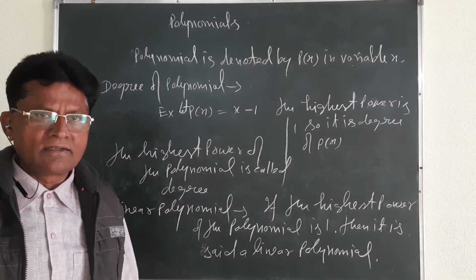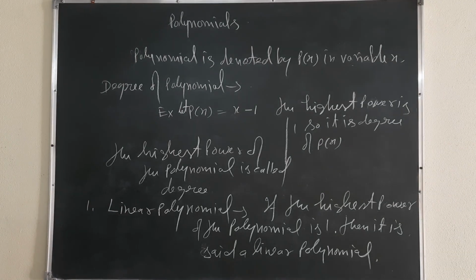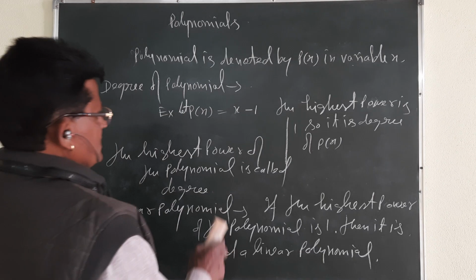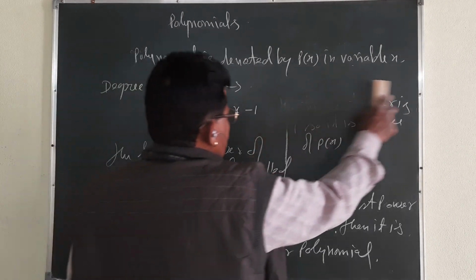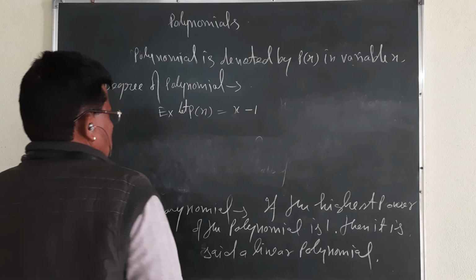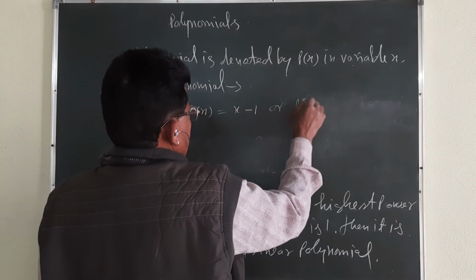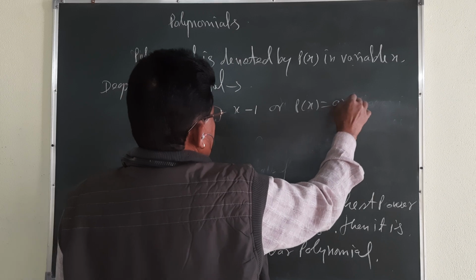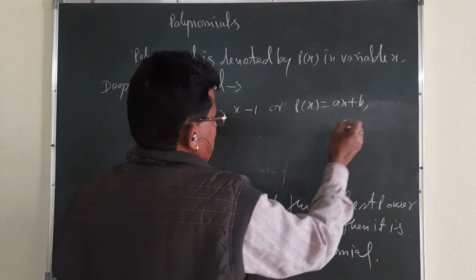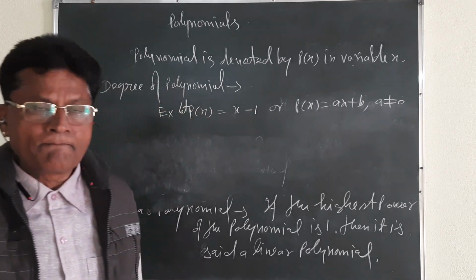You can also write it. Then what will be the standard form of linear polynomial? Standard form, because that will also be required. You must keep in mind the standard form of it. I will write over here: p(x) is equal to ax plus b. But the condition is there, a does not equal 0. That is the standard form.